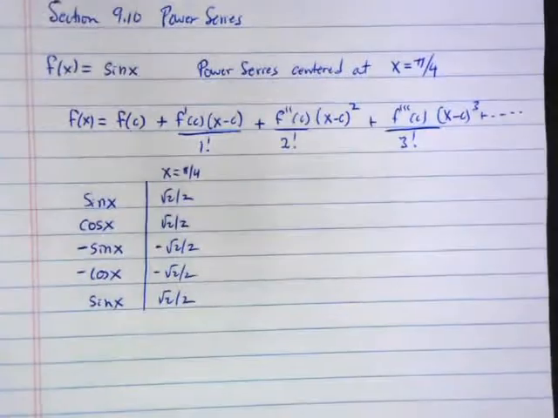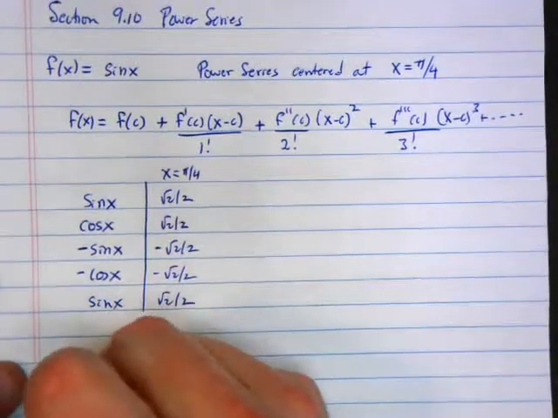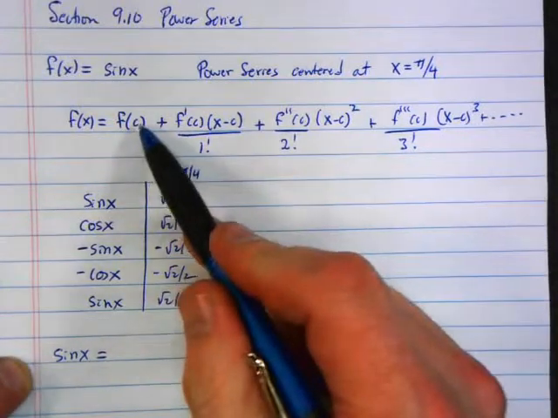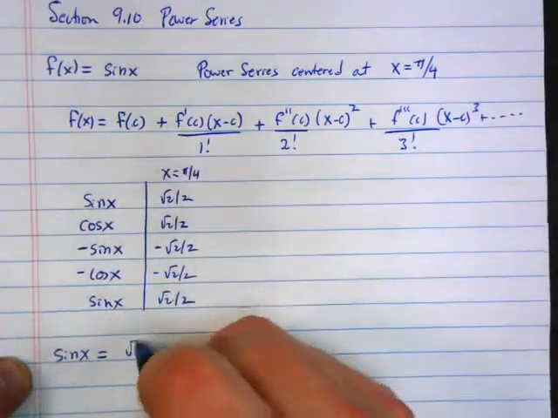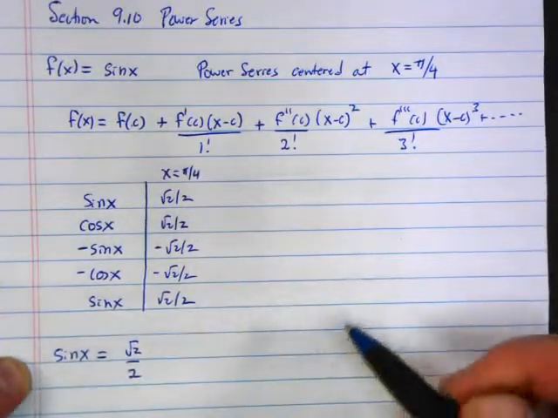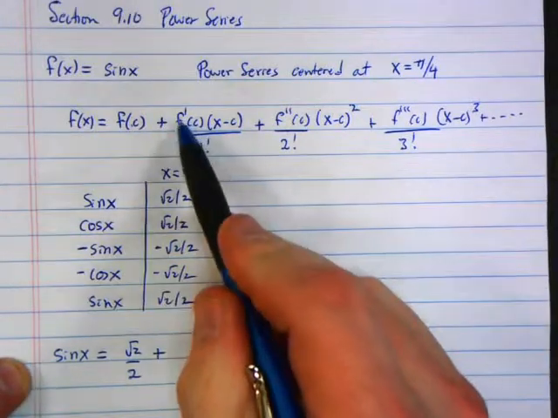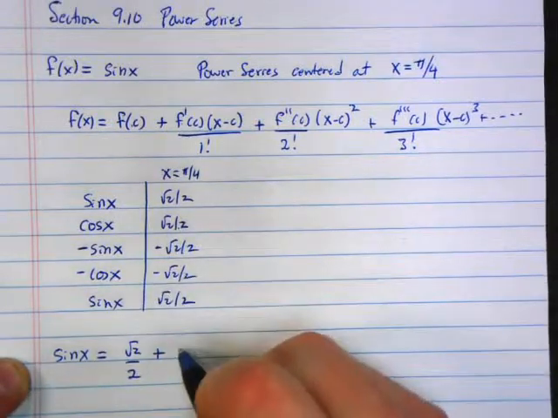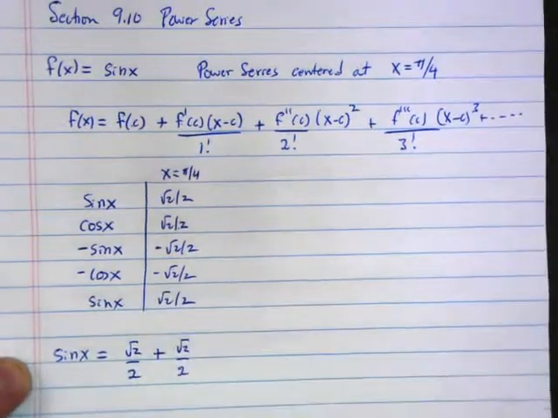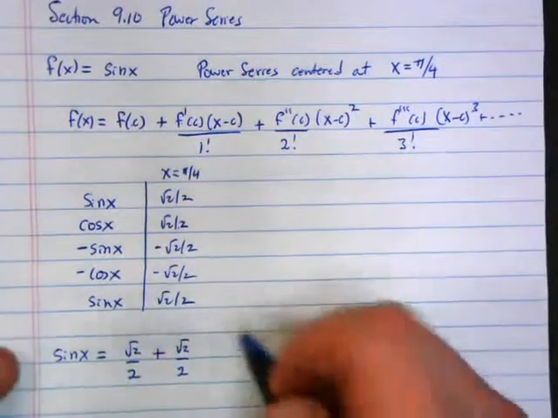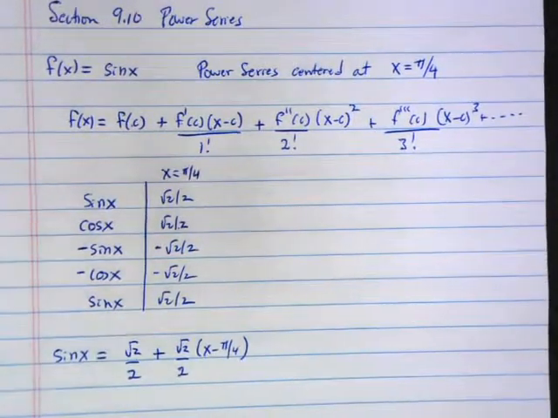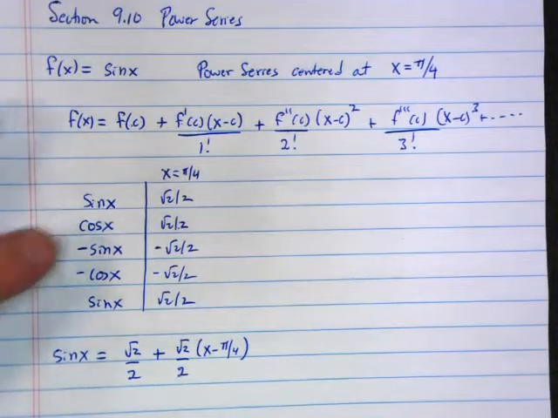Okay, so here's my answer. My answer is sine of x is equal to f at pi over 4, that's square root of 2 over 2, plus f prime at pi over 4. So here's my derivative, that's the next line. That one's also square root of 2 over 2, divided by 1 factorial. Of course, 1 factorial is just 1. That doesn't change anything. X minus pi over 4. What's my next one?